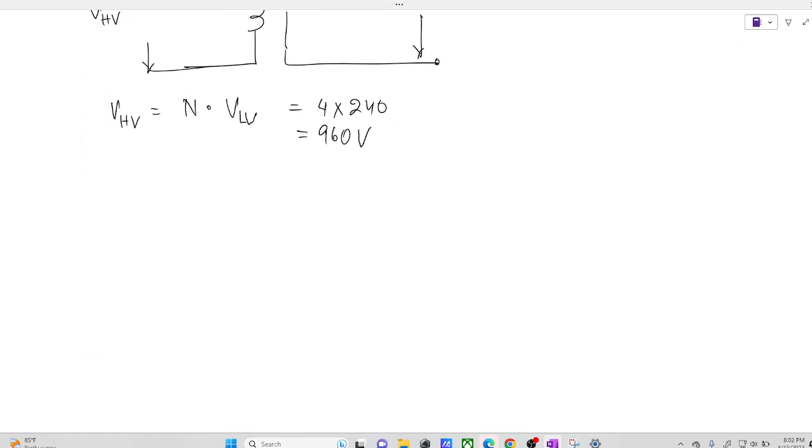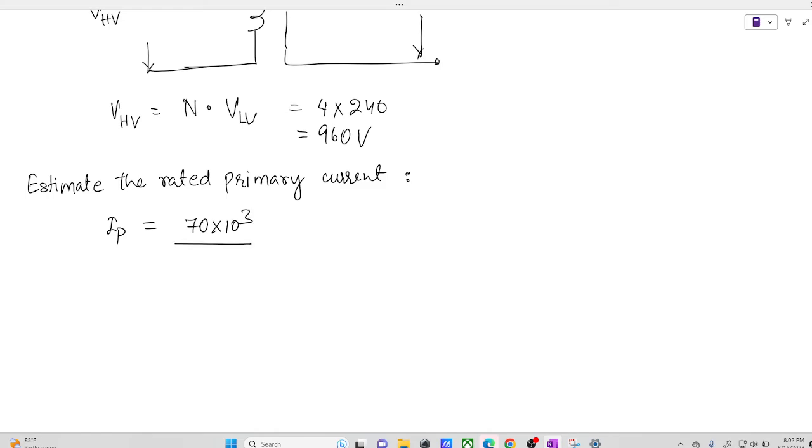So the next part is to estimate the rated primary current. Rated primary current IP is equal to rated kVA, they have given as 70, divided by the voltage, which will be 960.